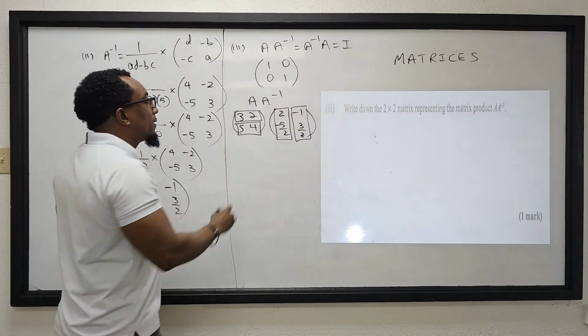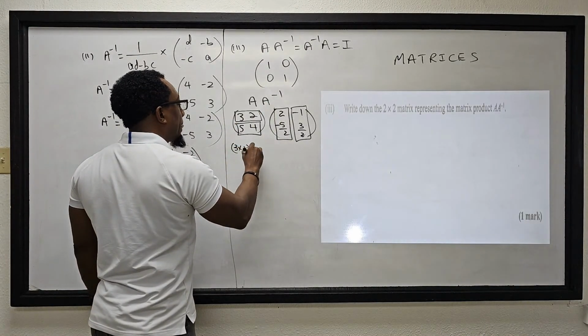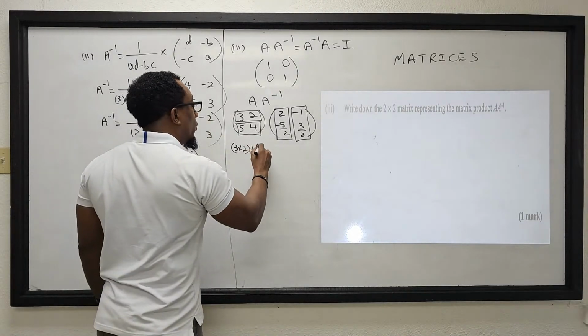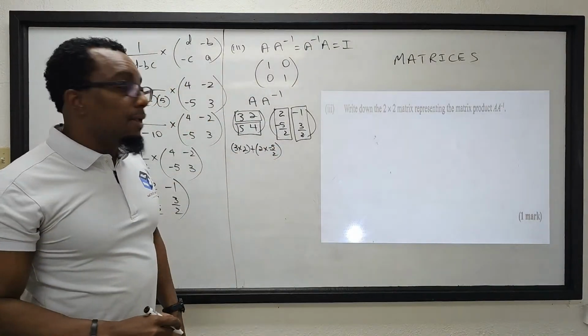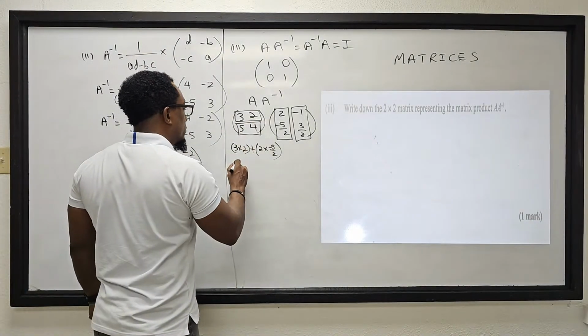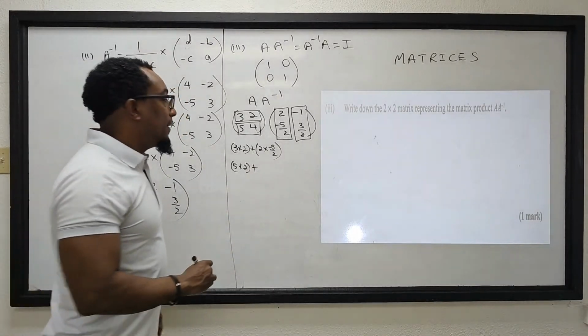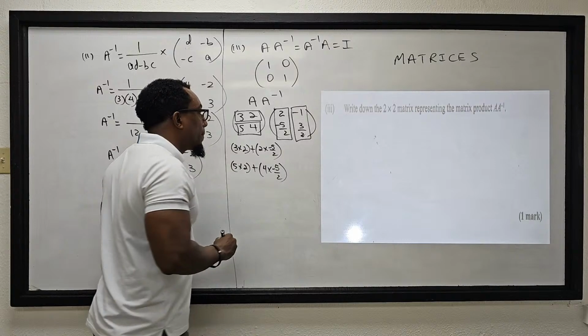So what are we going to get here? First row, first column: 3 by 2, plus 2 by negative 5 over 2. That's first row, first column dealt with. Now second row, first column: 5 by 2, plus 4 by negative 5 over 2.